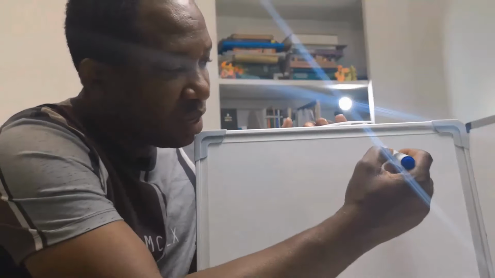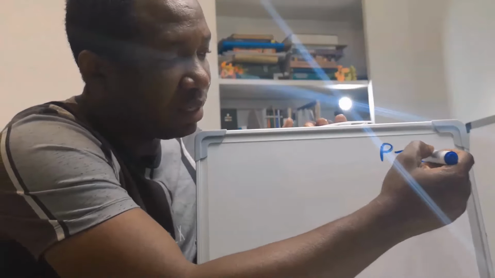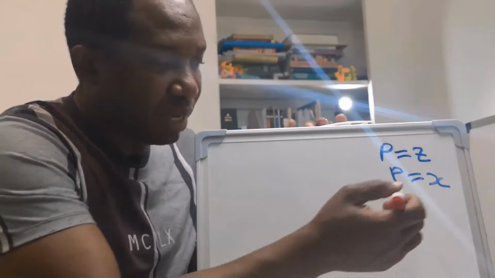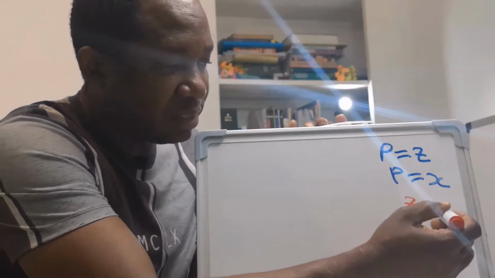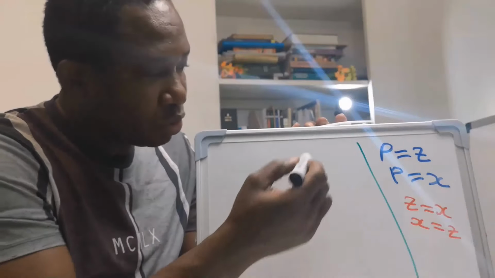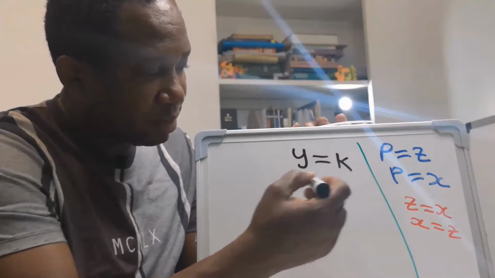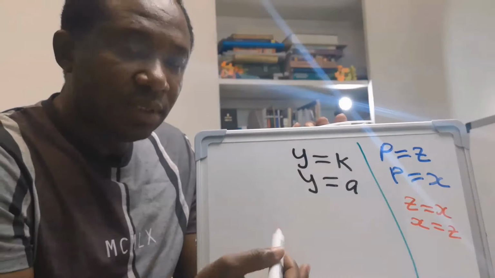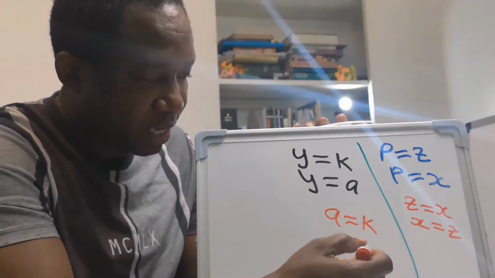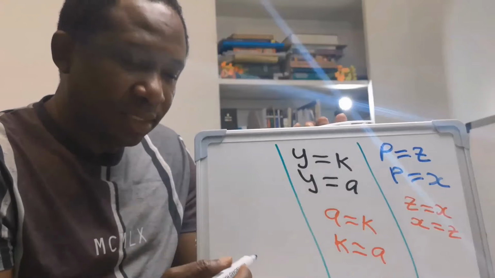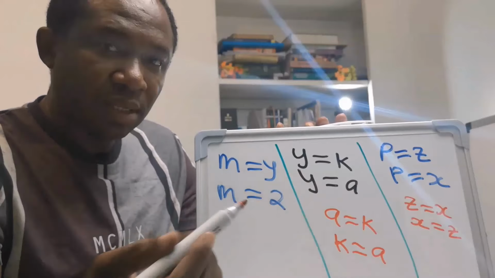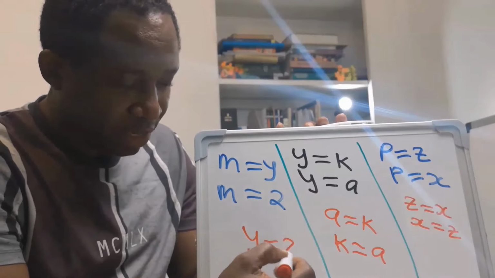For example, if P is Z and P is X, then it means that Z is X or X is Z. Also, if Y is K and Y is A, this shows that A is K or that K is A. Similarly, if M is Y and M is 2, this shows that Y is 2.